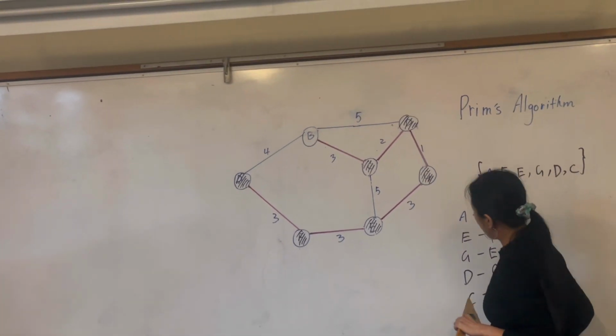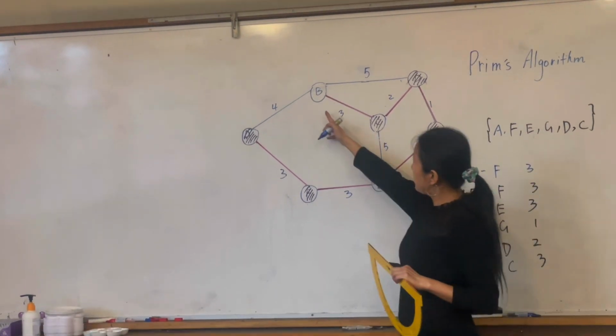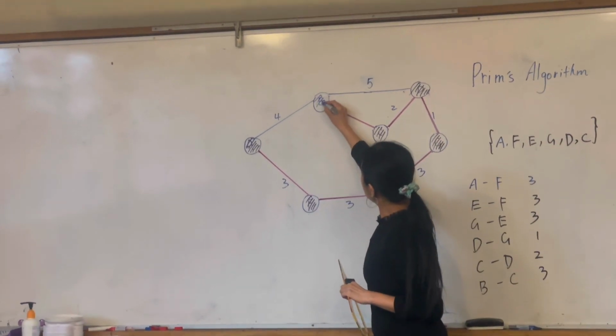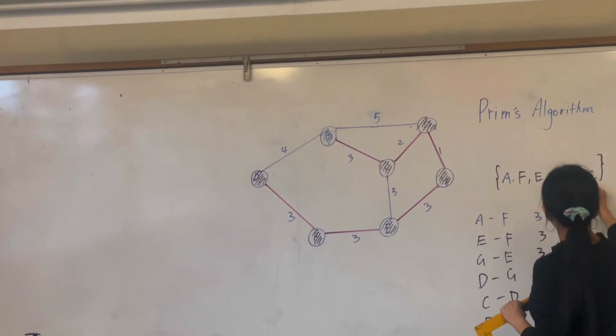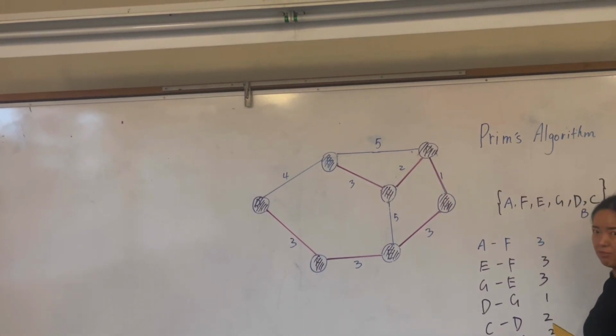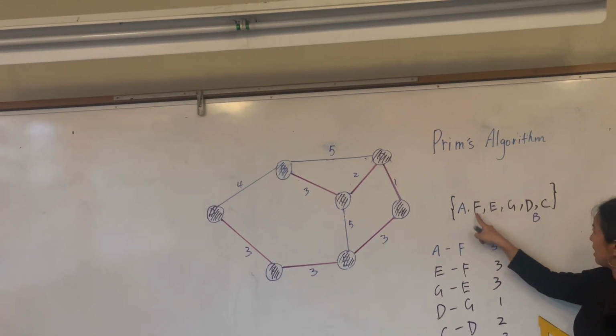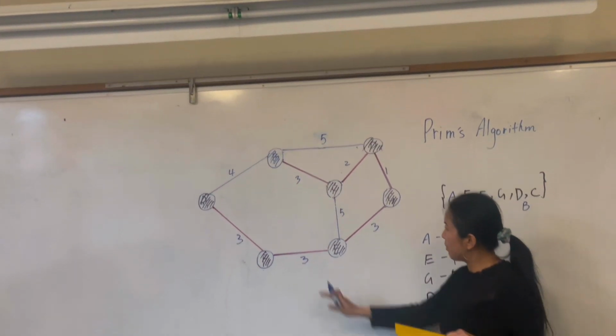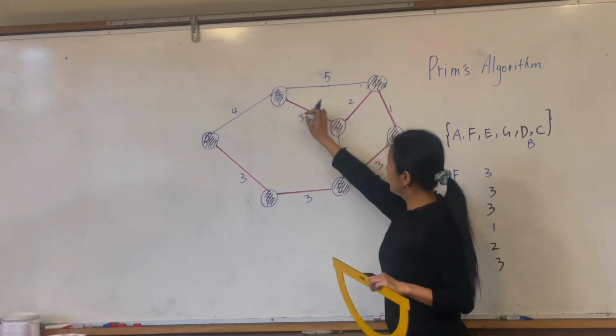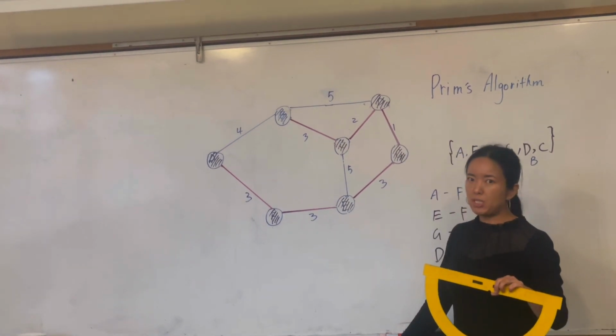Then let's mark the unvisited node B, and we put it in the set. So now we have visited all the nodes, A, B, C, D, E, F, G. And we highlight the path, and we have formed a minimum spanning tree.